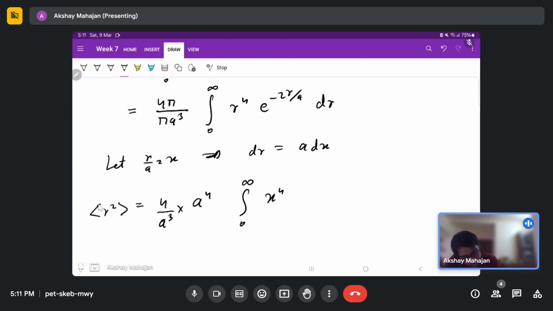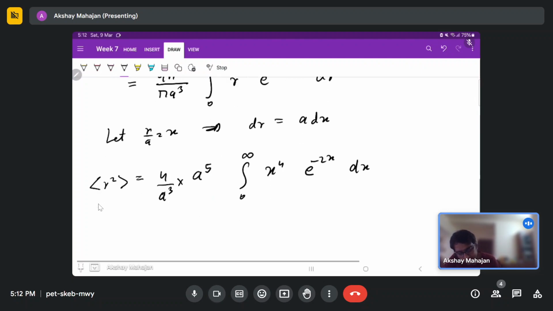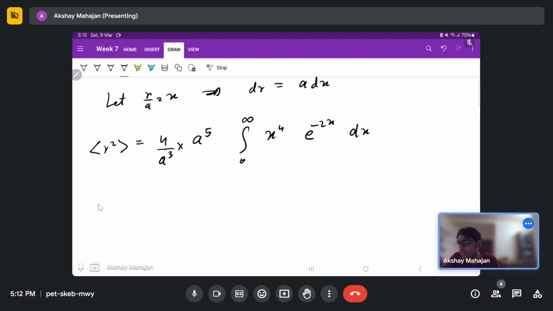It will be x to the power 4 e to the power minus 2x, and dr will be a dx, so it will be a to the power 5 basically. So we will have a to the power 5 here, and dx here. Then we have to do this integral.